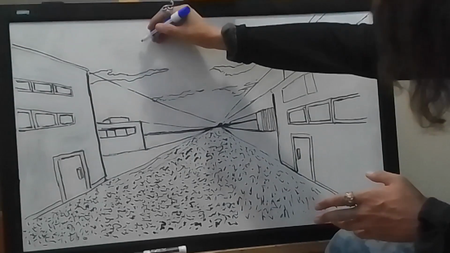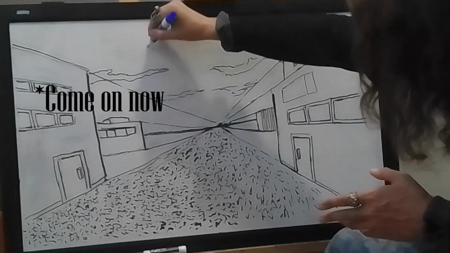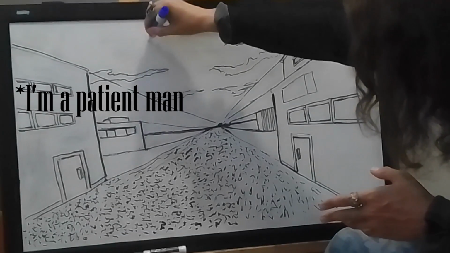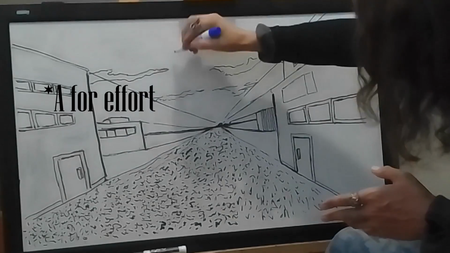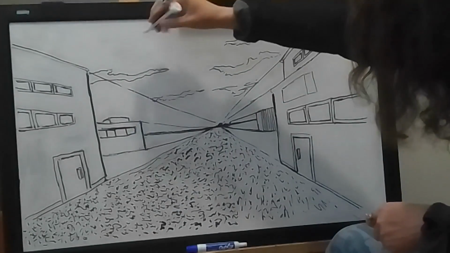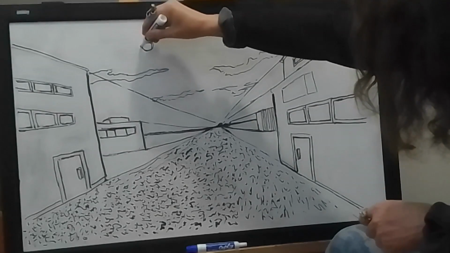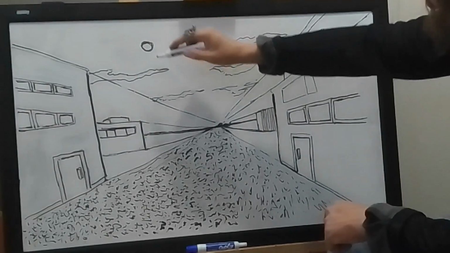So I'm going to plot our light source here up at the top, the sun. That's a little too bright of a sun. I'll just use this. Alright, so we've got the sun up there.